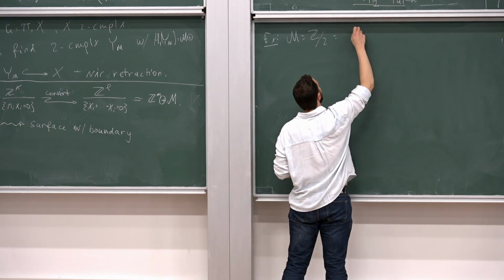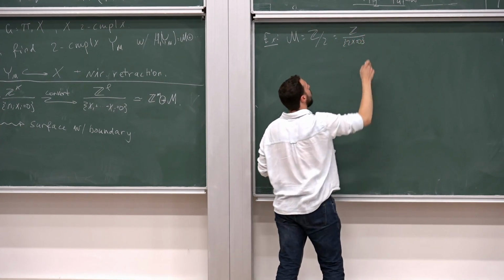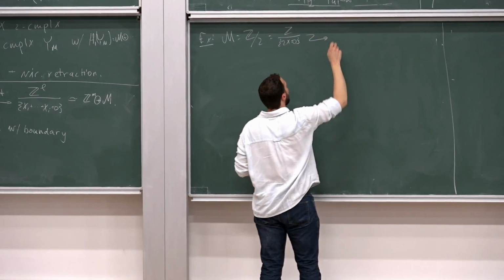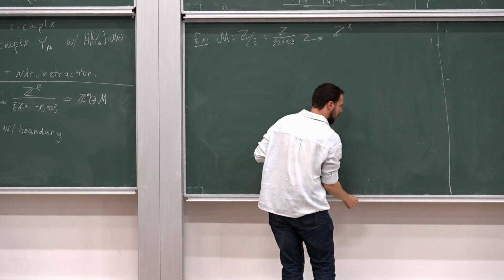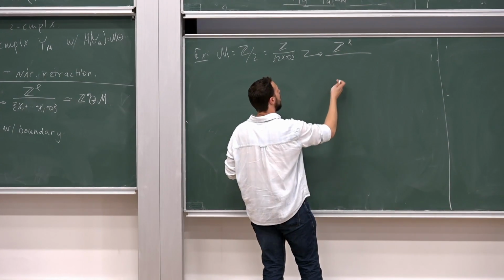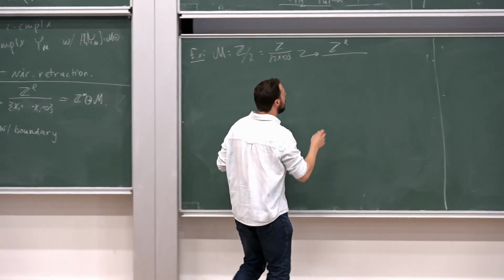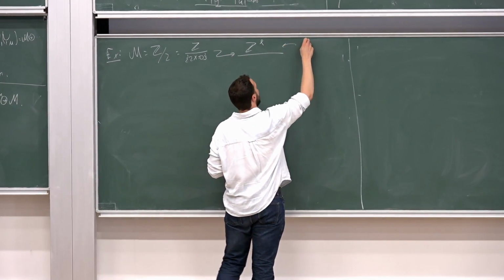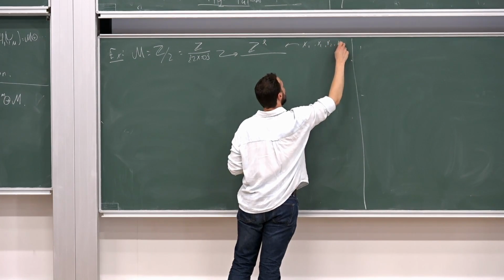For Z mod 2, the single equation 2x equals 0, we convert it into something of the following form. We take a bigger free abelian group and choose 4 generators of our choice. Let's say x1, x2, x3, and x4.